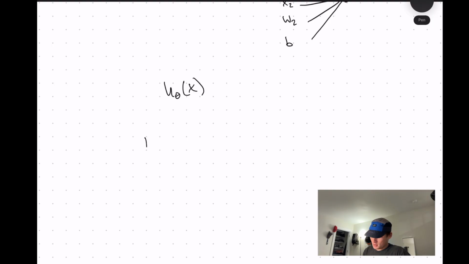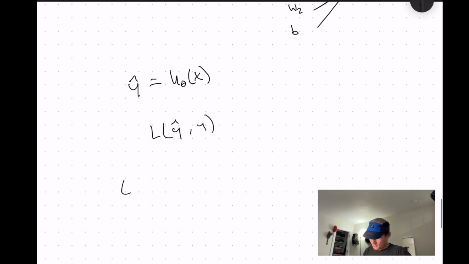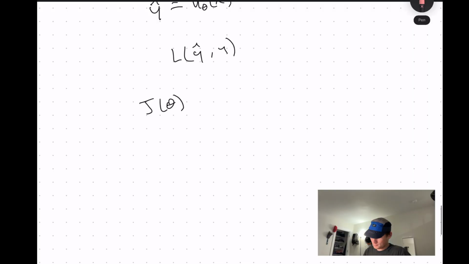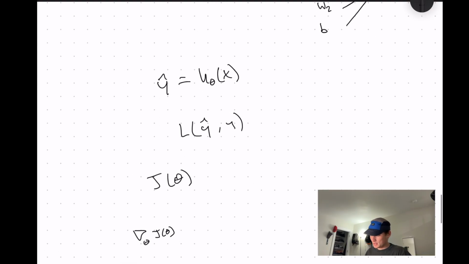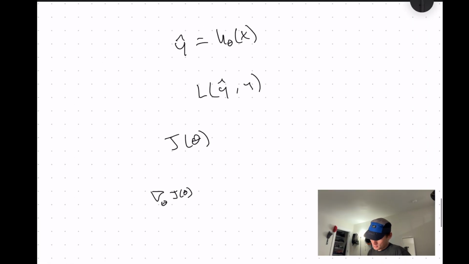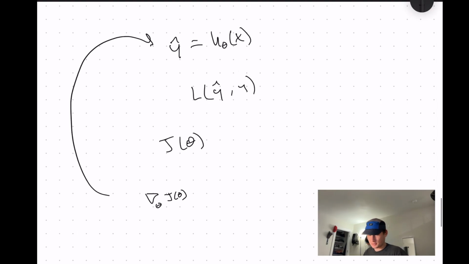We want to define how good is one prediction, and then we want to define how good were all of our predictions, and then we want to find the gradient of that cost, so that we can update our parameters and then have a new prediction function.